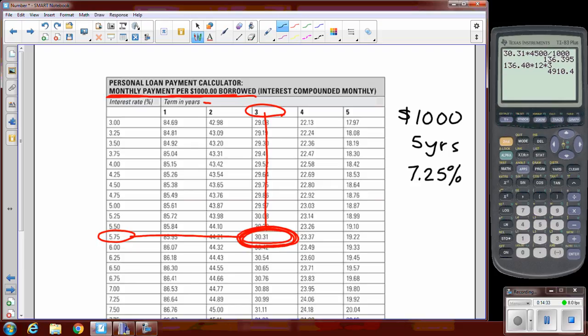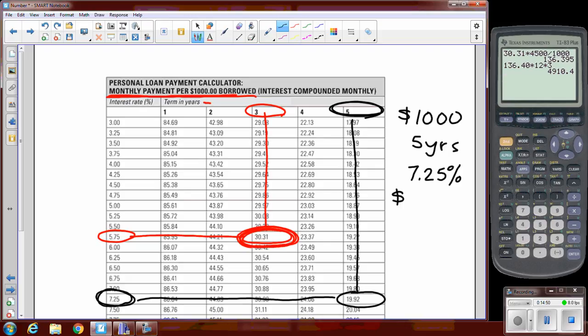They're saying, what's my monthly payment on that? Well, I'd go to the 5-year column. Here's 5 years. 7.25 is right here. I go along to where these meet up. I'm going to have a monthly payment of $19.92 per month for 5 years.